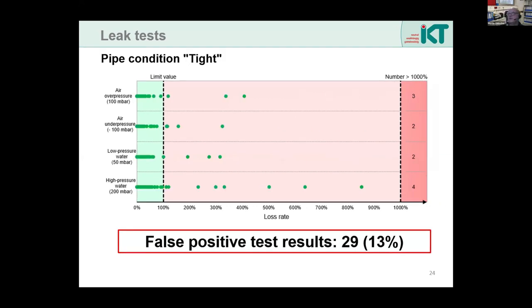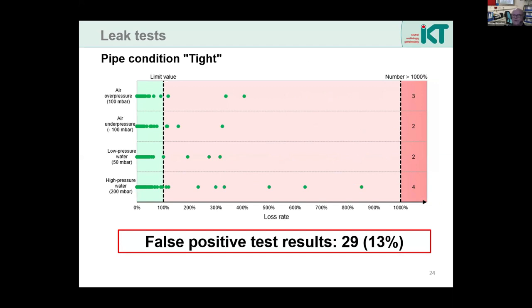But it changes when we go to the tight condition. The leak tests on the tight pipes were not so reliable. About 13% of these tests have a wrong result. So they test the pipes untied. Nevertheless, they were tight.